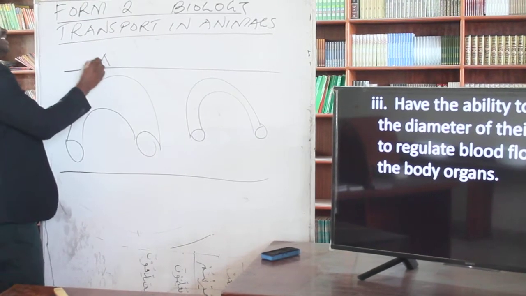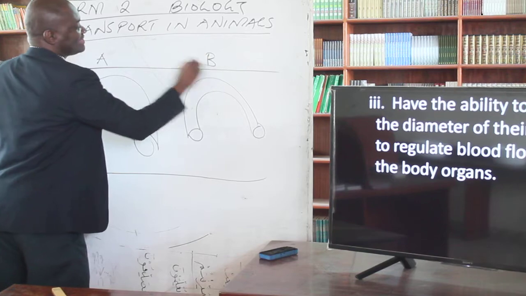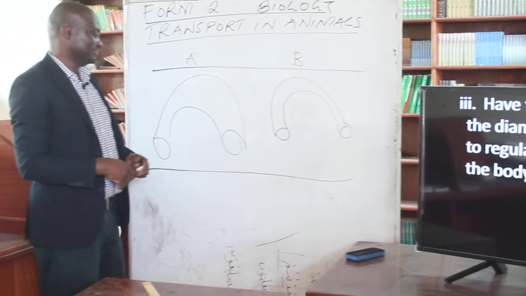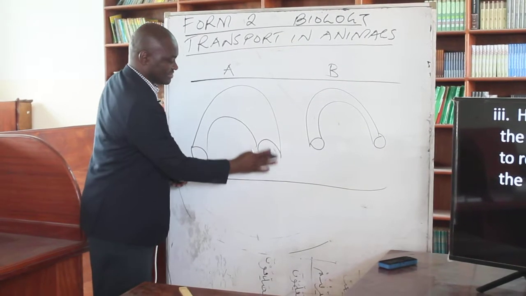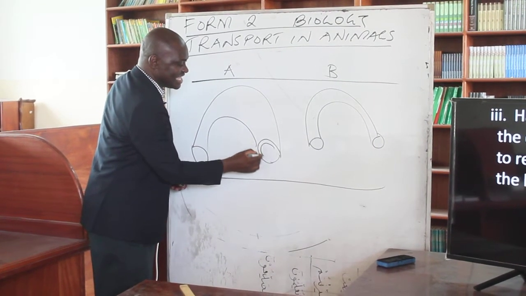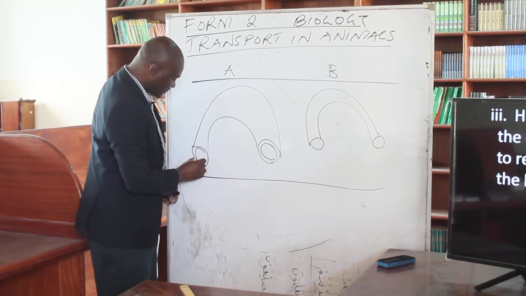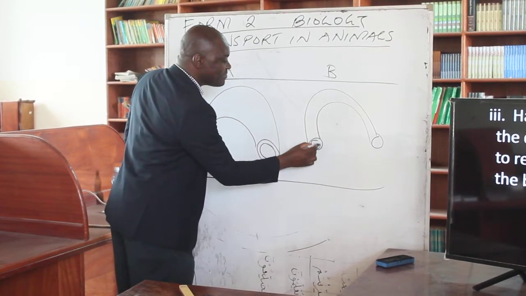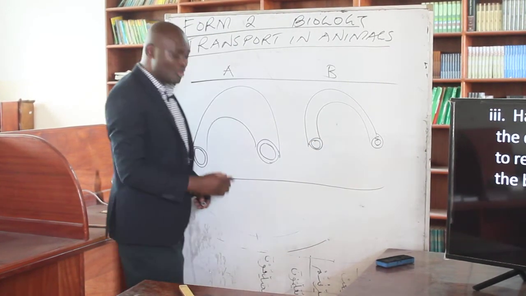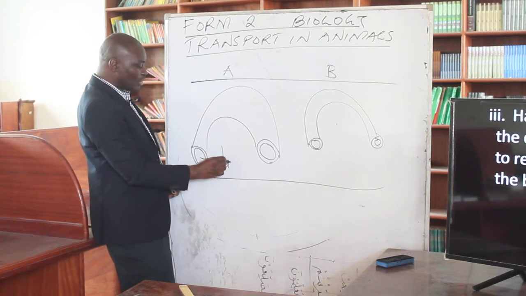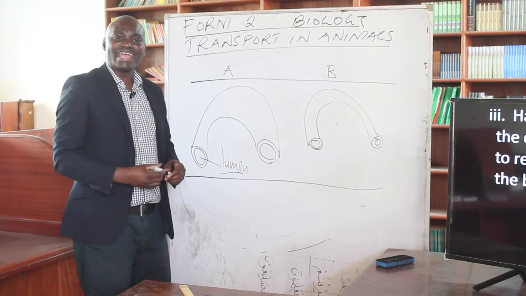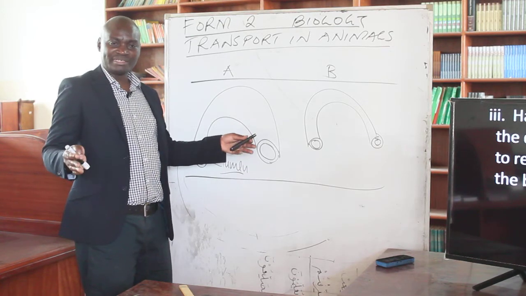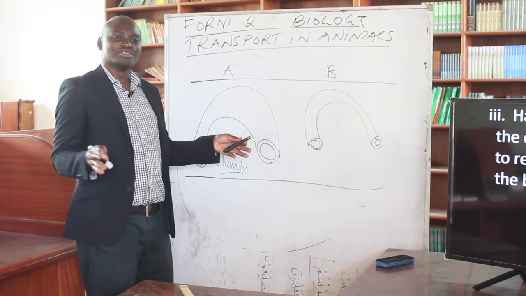So this is artery A, artery B. The arteries can alter. What are we saying? They can change the diameter of their lumen. This is the lumen. The arteries can expand the lumen or constrict.